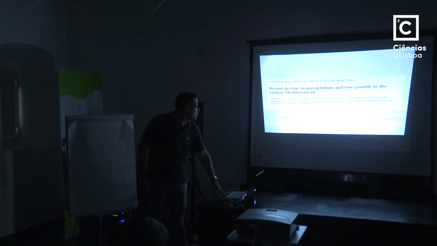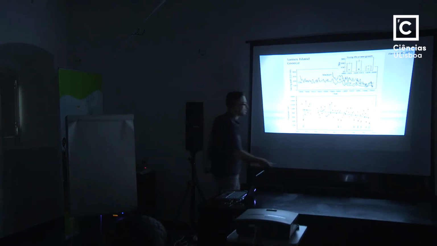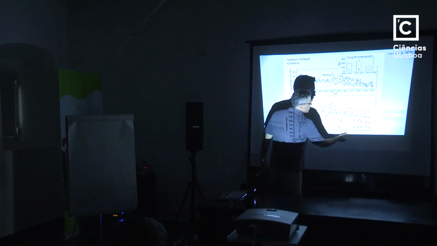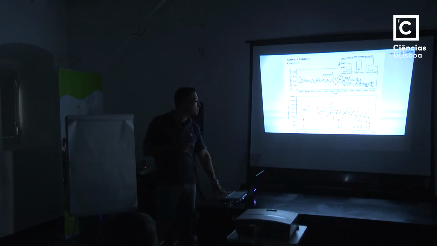I'm just going to go very briefly, because we don't have time anymore, on these years of drought, which caused a phenomenon. It was not just 1 year that caused the responses that we showed before.